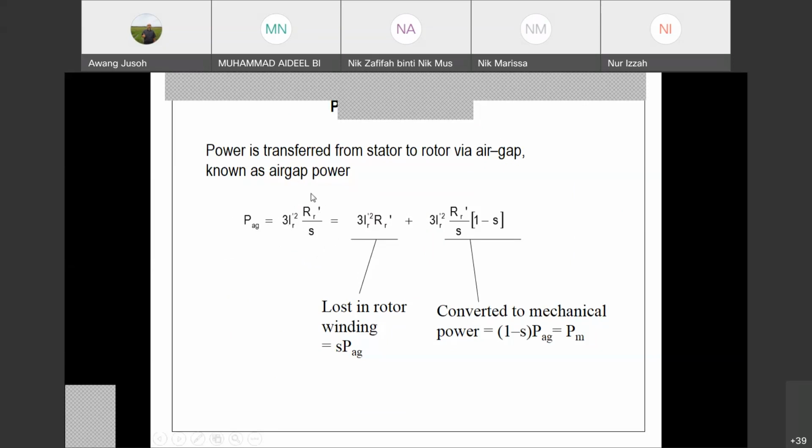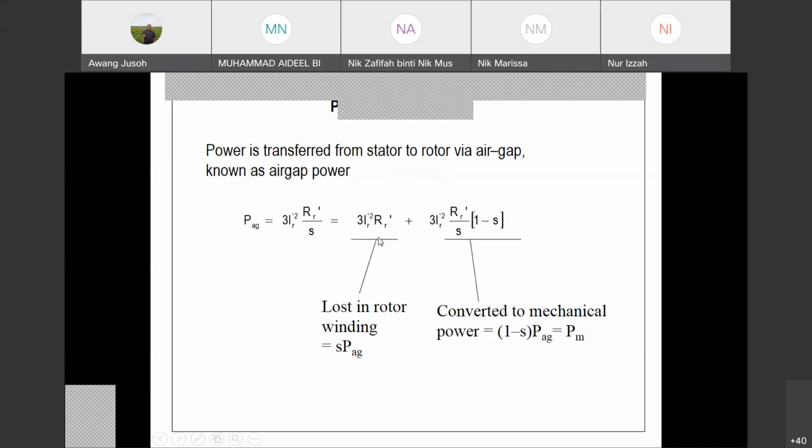And this R2 over S, we can split into 2. R2 over S is basically R2 plus R2 multiplied by (1 minus S) over S. If you add these two resistances, you get back R2 over S. So R2 over S can be split into 2.